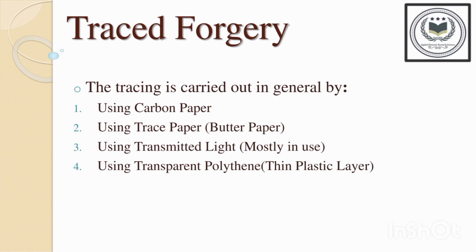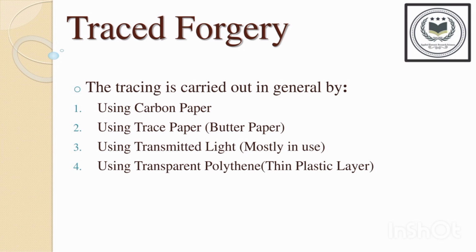In this type of forgery, the forger takes a model signature or writing and, with the help of some instruments or methods, traces the outlines of the genuine model and tries to make an exact copy of it, but the tracer can't do that. The examiner marks it as forged.